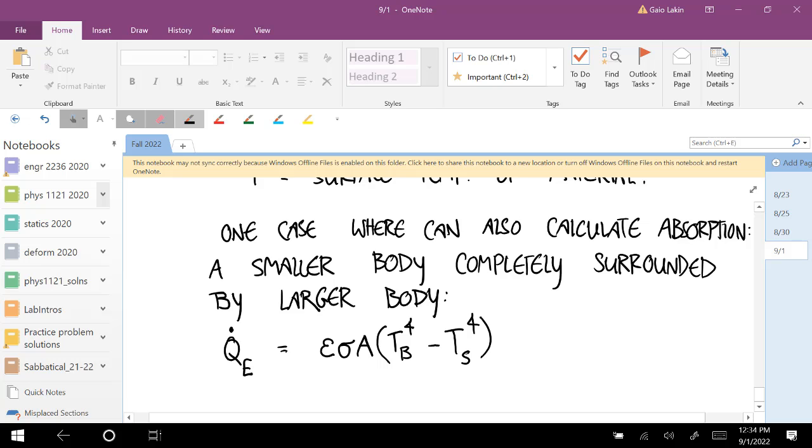So you can see if there's a higher temperature on the net Q emitted. No, I told you that wrong again. This is the body. This is the surroundings.